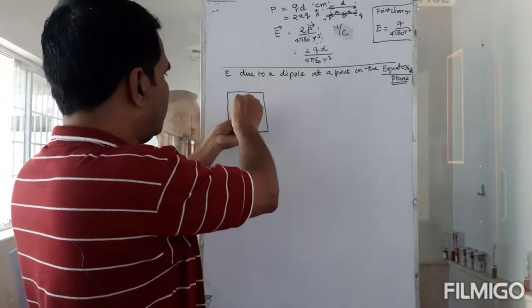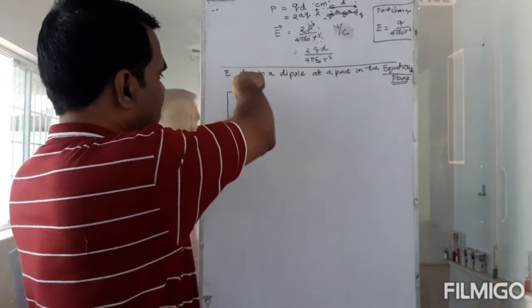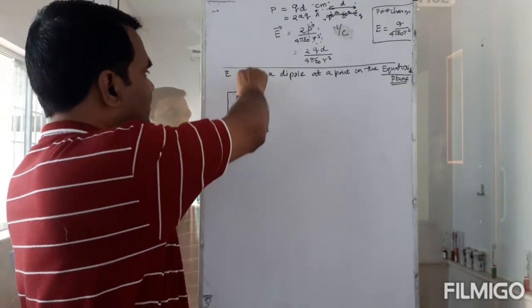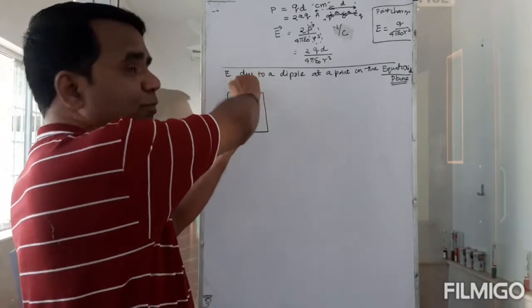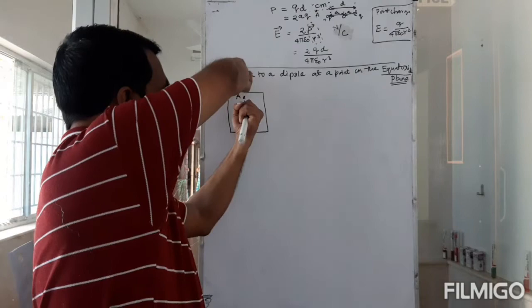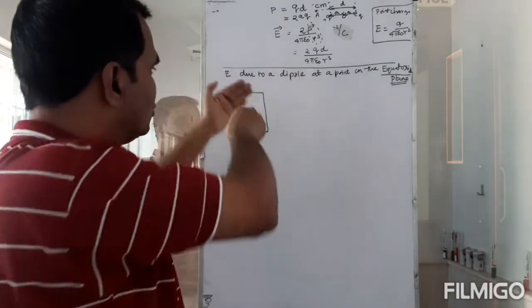So this will pull like this, and that will push up like that. This unit positive test charge will be pulled down and pushed up like this, so it's going to move towards you.